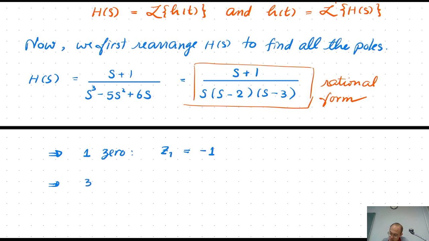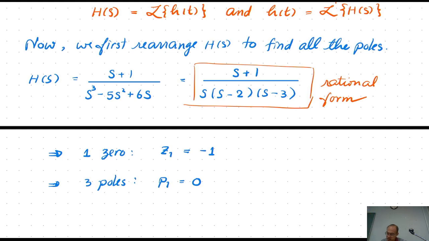There are 3 poles. The first being 0. That is the first pole, right? We can always write this as s minus 0, right? So the first pole is 0. Now, what are the second and the third poles? The second pole is at 2, right? And the third pole is at 3.